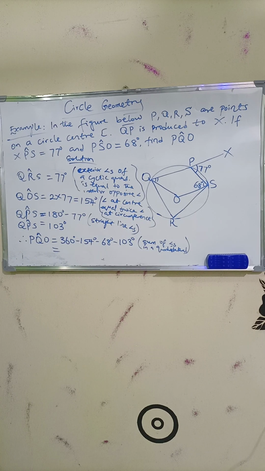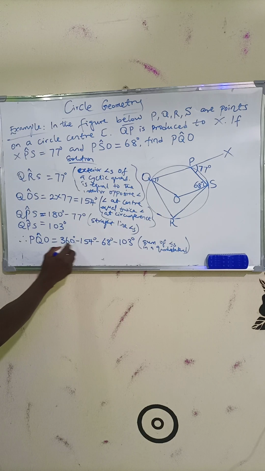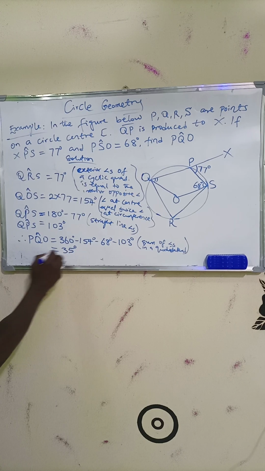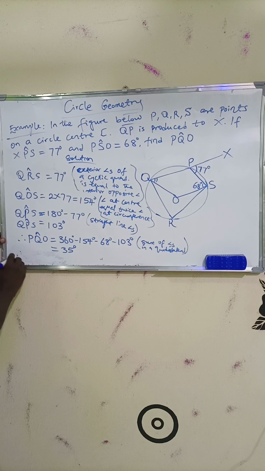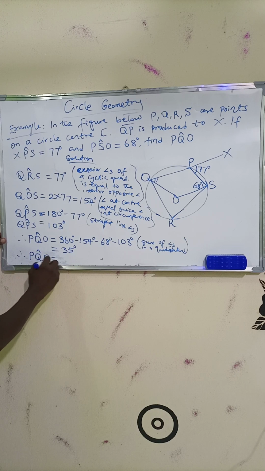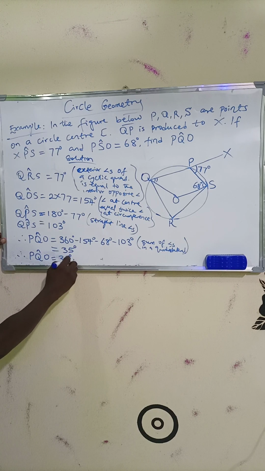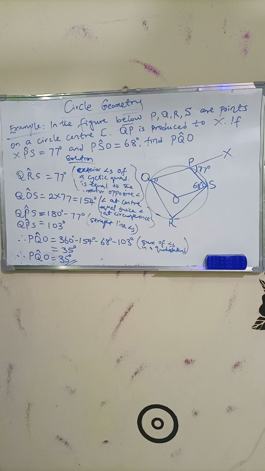When we subtract them together, we get 35 degrees. Therefore, the angle PQO is equal to 35 degrees. And this is our final answer.